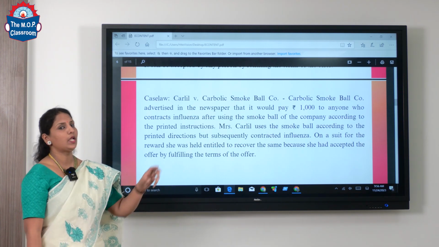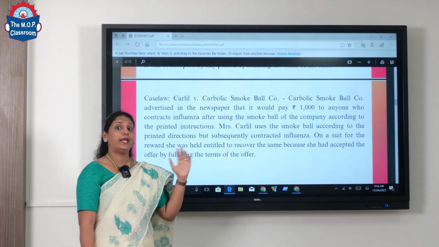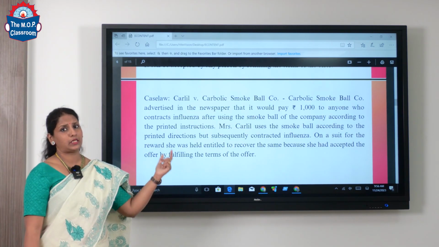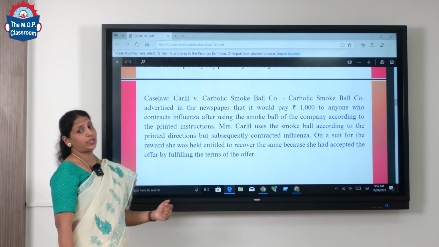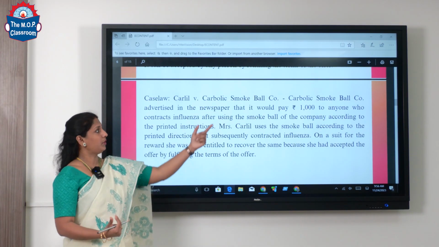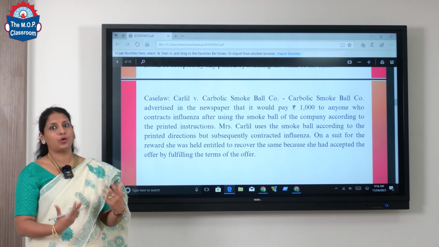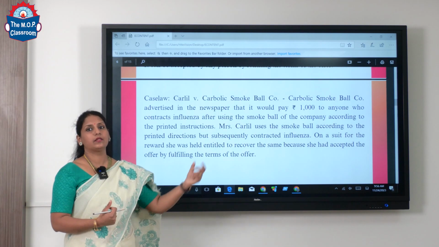This was a statement made by Carbolic Smoke Ball Company, and they advertised it in the newspaper. As one of the readers, Mrs. Carlill came across the advertisement and thought that if she used this smoke ball, she could overcome her cold or fever.